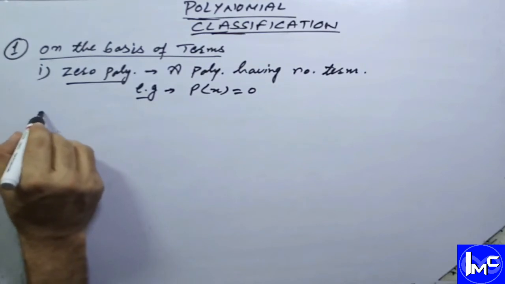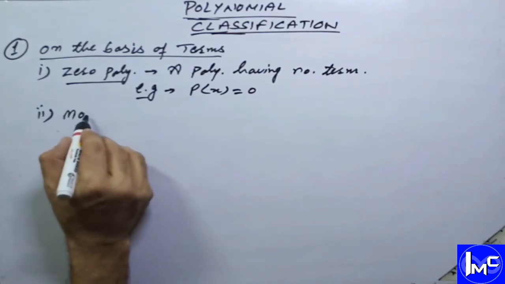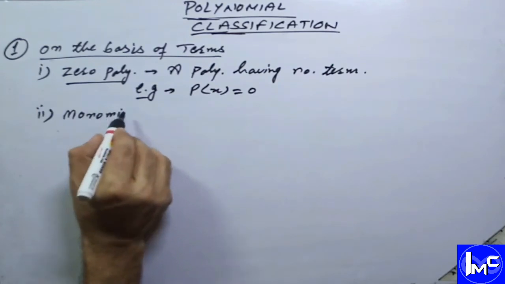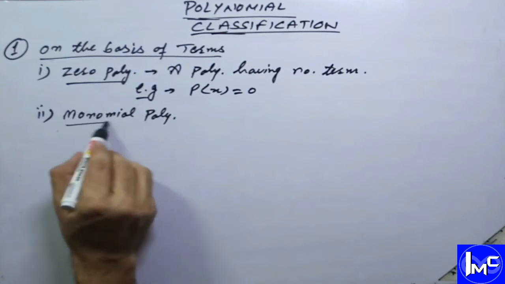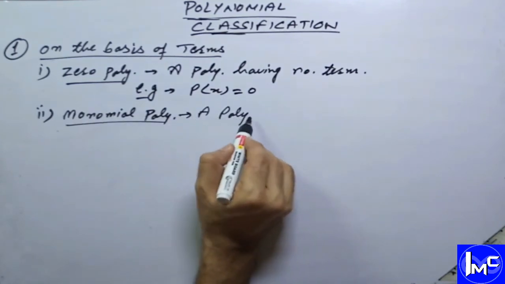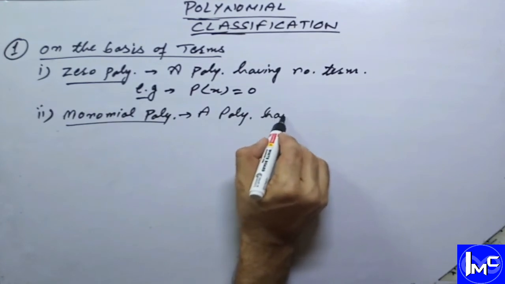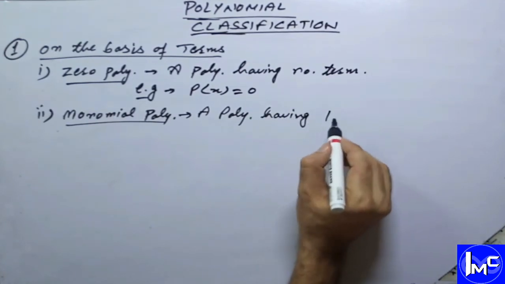Second one is monomial polynomial. A polynomial having only one term.